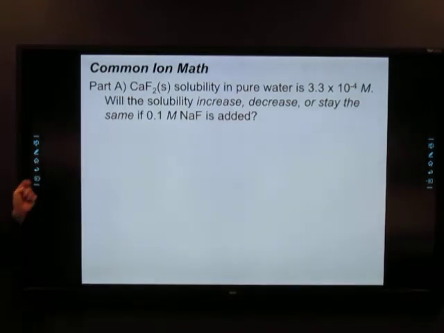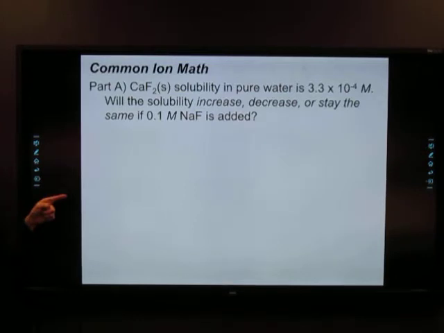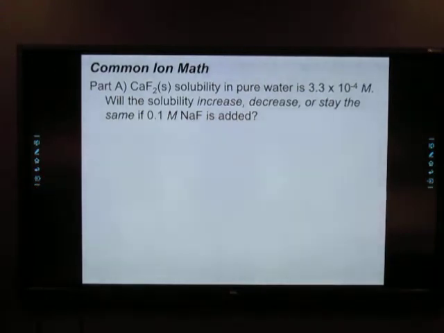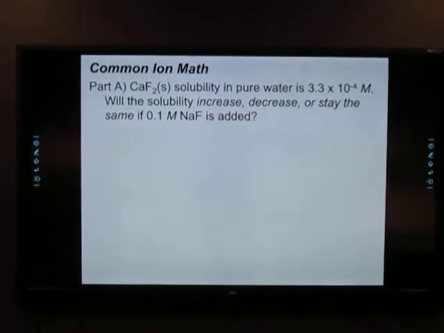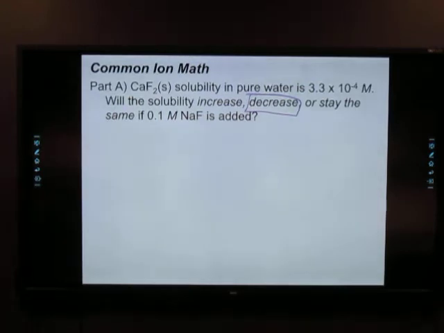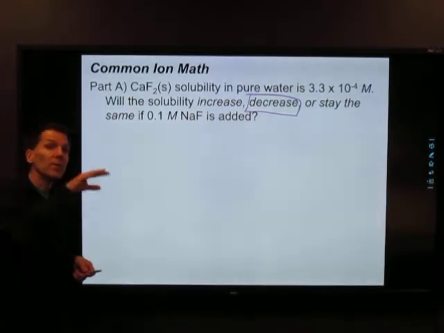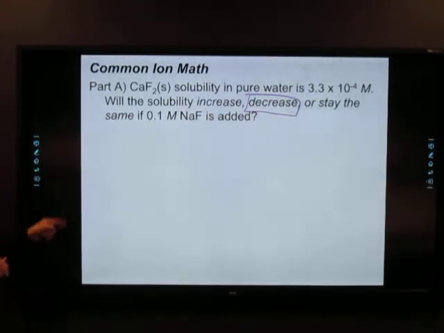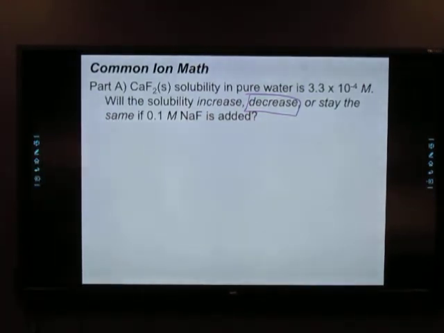And so, in this case, since we're adding a common ion, you can pause the video now and think about it yourself. I'll reveal the answer. The solubility of the compound will decrease because the reaction goes to the left, and some solid will fall out of the water. So solubility will decrease.